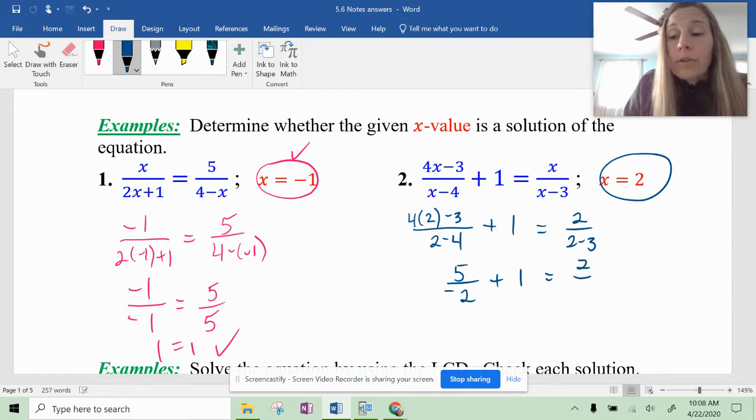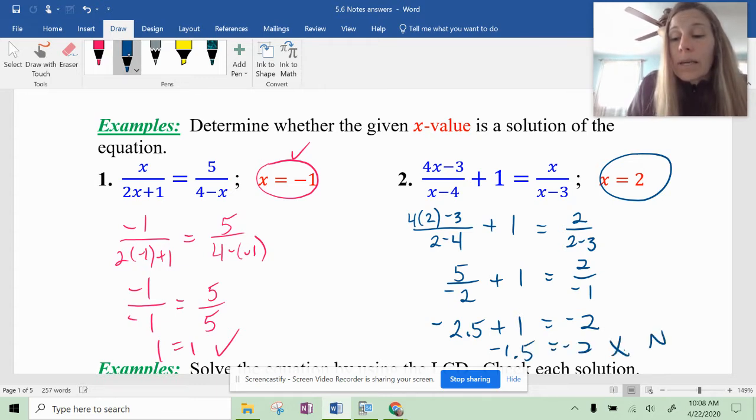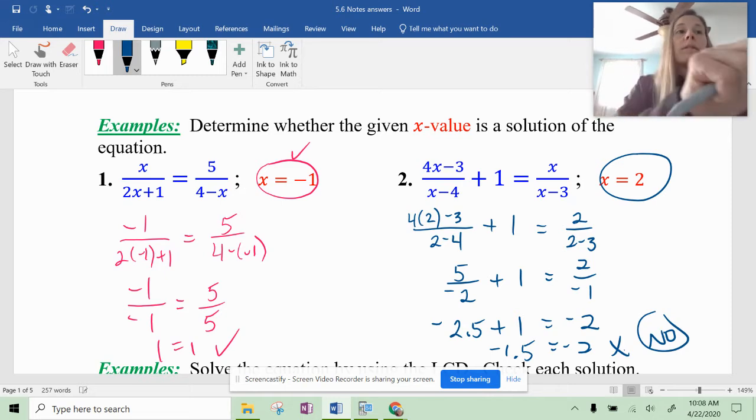And on this side, I have 2 over -1. So when I simplify these, -2.5 plus 1 equals -2. So this is actually -1.5 equals -2, which obviously does not work. That does not make sense. So that would not be a solution for that problem.